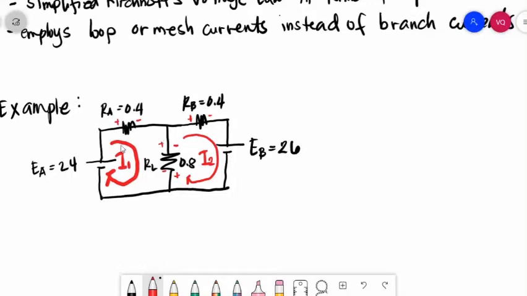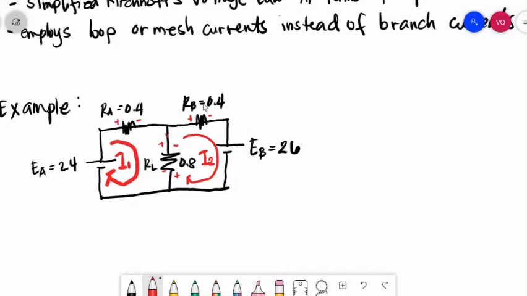So in here we have I1 and I2 in the same direction, where the branch circuit current in RL, the current flowing here, will be the difference between the loop currents I1 and I2. So we will deal with that later.